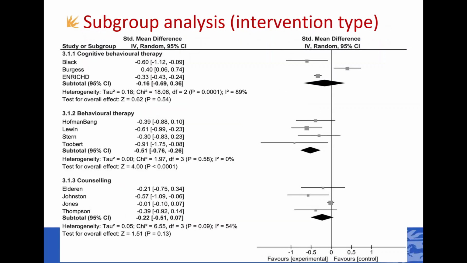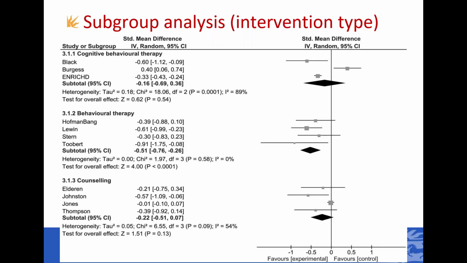But if we look at it by intervention type, whether it was CBT, BT, or counselling, this grouping might help to explain some of that heterogeneity, although it is pretty tenuous. I absolutely agree if anybody's looking at that and questioning it.